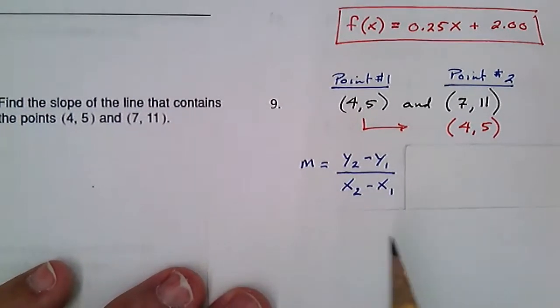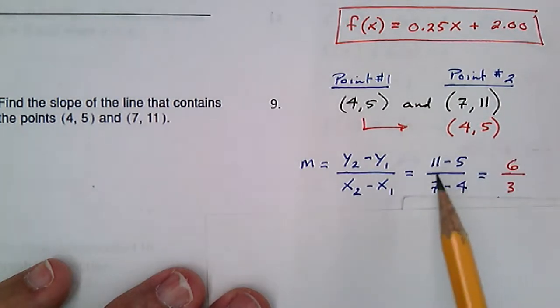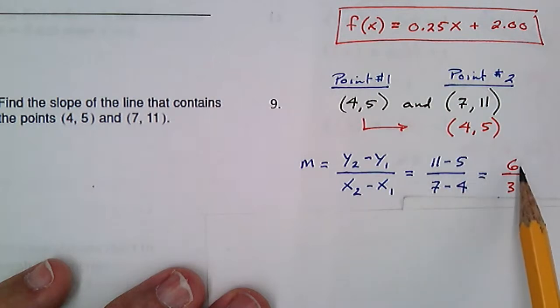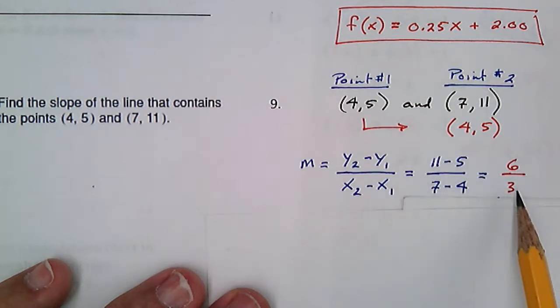My formula is m equals y2 minus y1 over x2 minus x1. My y values are 11 minus 5, and my x values are 7 minus 4. So 11 minus 5 is 6, and 7 minus 4 is 3.